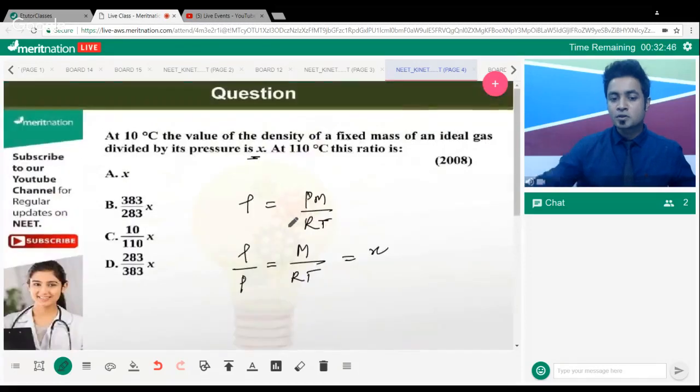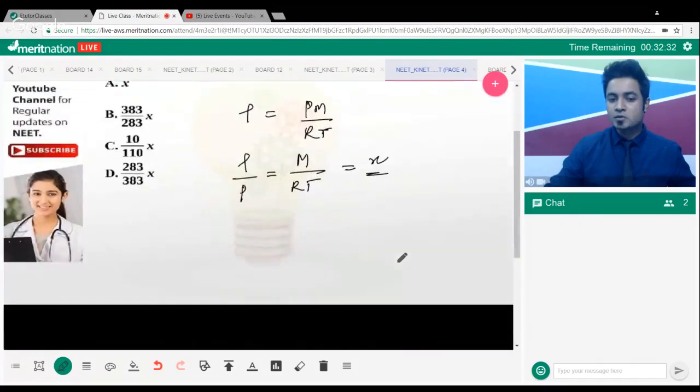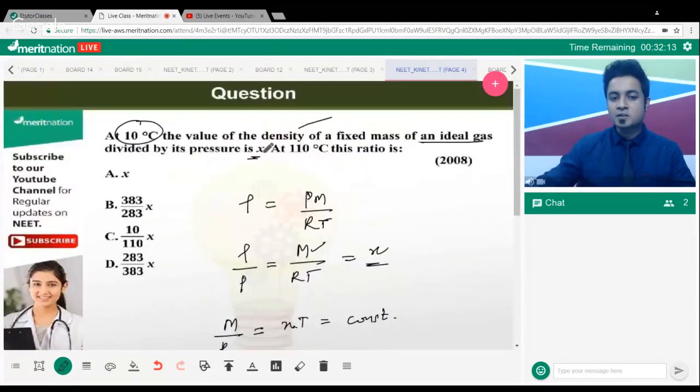So at 10 degrees Celsius, the ideal gas is kept at this temperature, and the ratio of the density upon the pressure is coming out to be X, right? So M upon R, anyway, M is the molecular weight of the gas, and R is the gas constant. So can I write that X into T has to be constant for the same gas, because we are going to change the temperature after some time and calculate the same ratio for a different temperature.